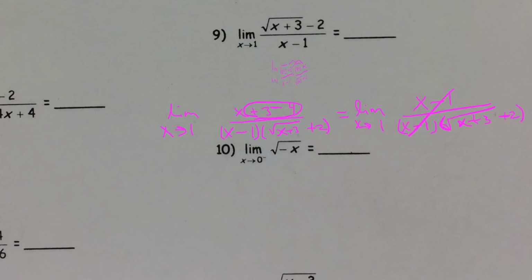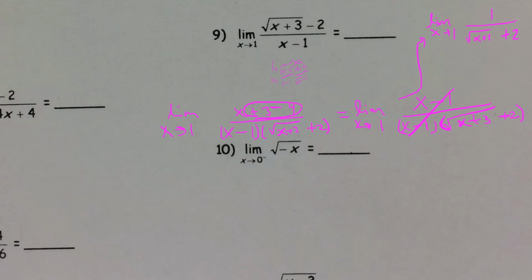So this will cancel out, and now we'll just have the limit as x approaches 1 of 1, because everything else canceled out, over the square root of x plus 3 and then plus 2 outside the radical.